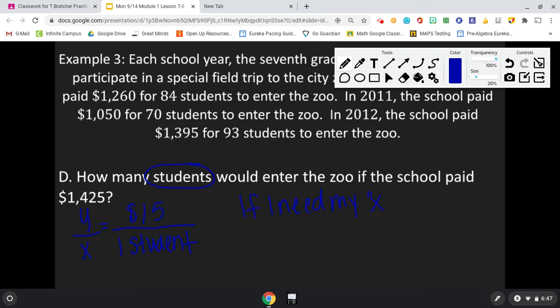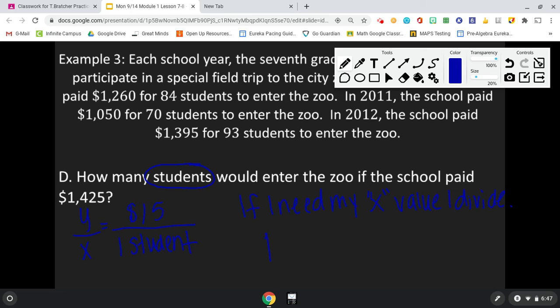But if I need my X value, I divide. And I like to remember that because X is on the bottom and that's over that little fraction bar, which can mean division. So if I need my X value, I divide. If I need my Y, I multiply. Y multiply, X divide.